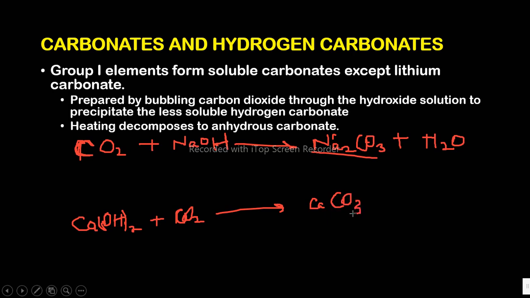This was senior 3 science. I don't know if you were told about it. Calcium carbonate is insoluble, plus water. And this calcium carbonate is formed when you bubble little carbon dioxide.